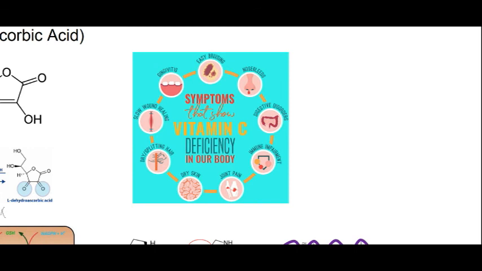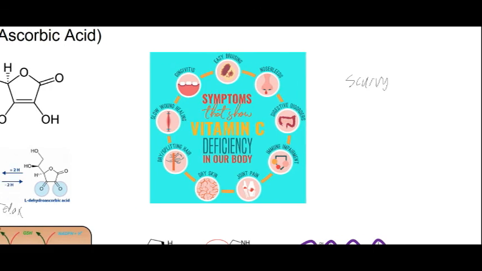And you can think with things like gingivitis and slow wound healing, the most famous disease that comes from vitamin C deficiency is scurvy, where one of the more notable or noticeable symptoms is the bleeding gums and things like that. So not getting enough vitamin C can result in those symptoms.